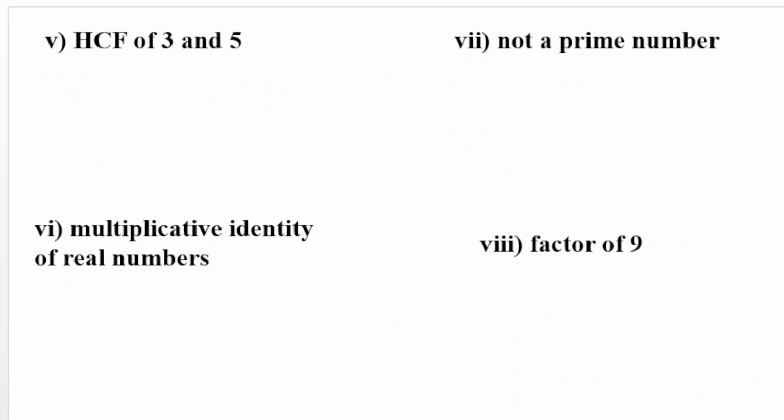HCF of 3 and 5. Okay, so first of all, let me clear this. HCF of 3 and 5, the highest common factor of 3 and 5. If I write here 3, who can divide 3? 1 and 3 are the factors. And 5, who can divide 5? 1 and 5.